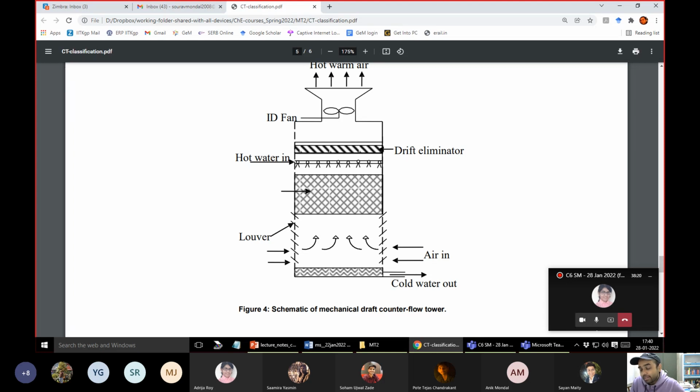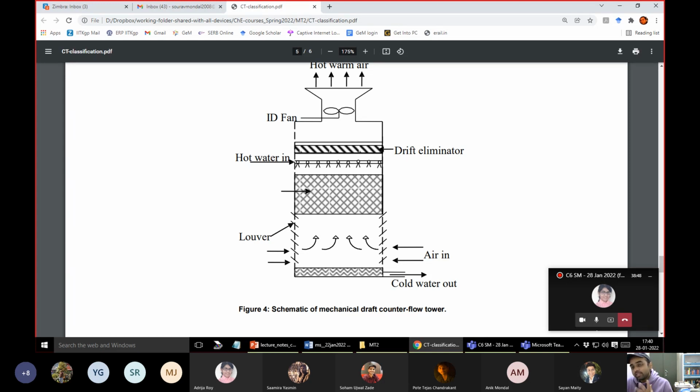And another big advantage is that in really big units, this fan will be placed at the bottom, whether you are going for cross flow type or counter flow types. This fan is really a heavy unit, like a blower, so placed at the bottom it will cause very little vibration to the overall structure. Whereas in the case of induced draft, it is placed at the top of the unit.